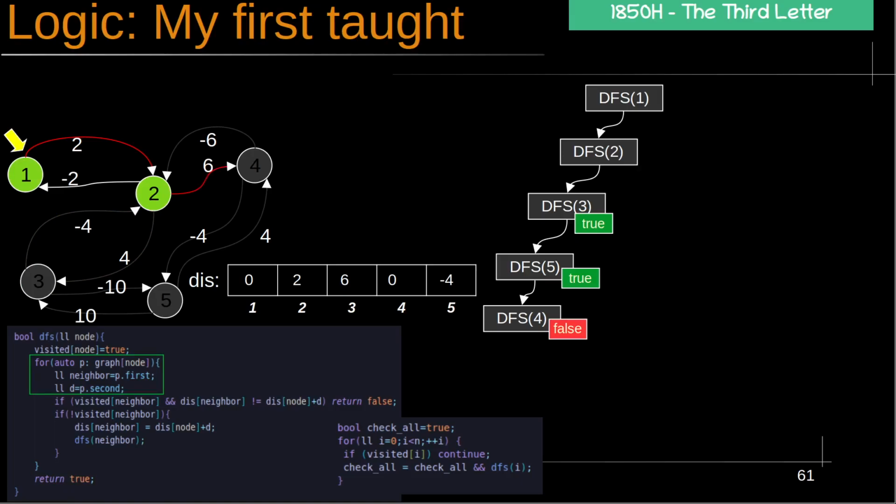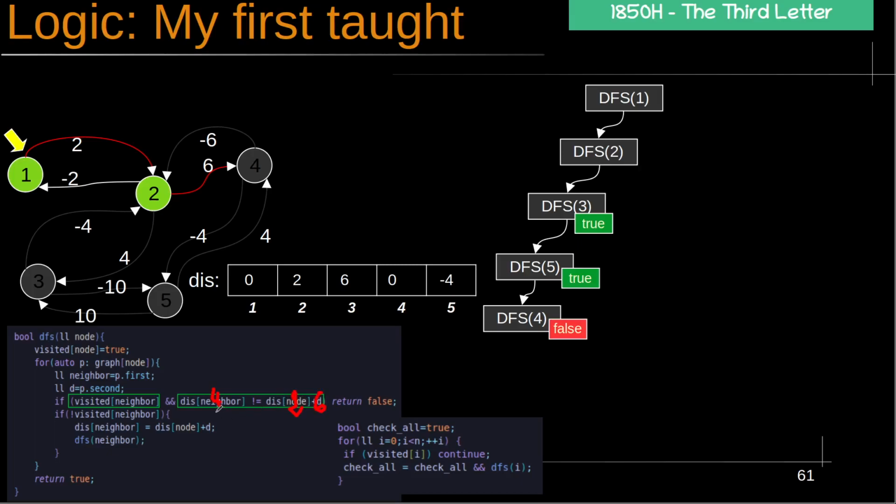Say that we go to 4. 4 is visited. So we check the distance. If we have the same distance from 1 to 4, passing by 2. So we have here the distance of 2 plus the edge 6.